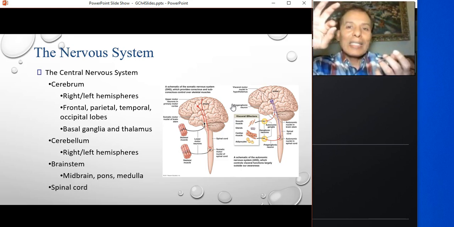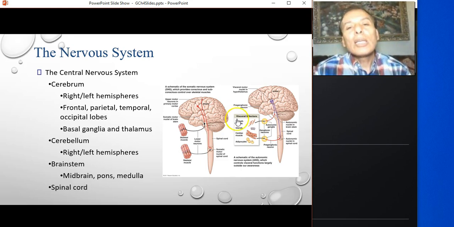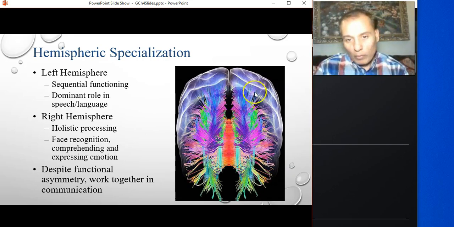Myelin is white, and this is why all these wires are called the white matter. So all of this here is the white matter. All of these are the axons coming out and connecting. And you have one hemisphere, and another hemisphere. So we have right and left hemispheres.